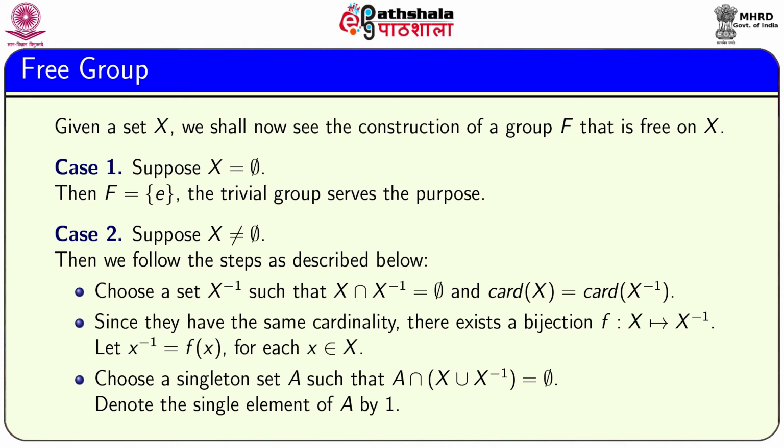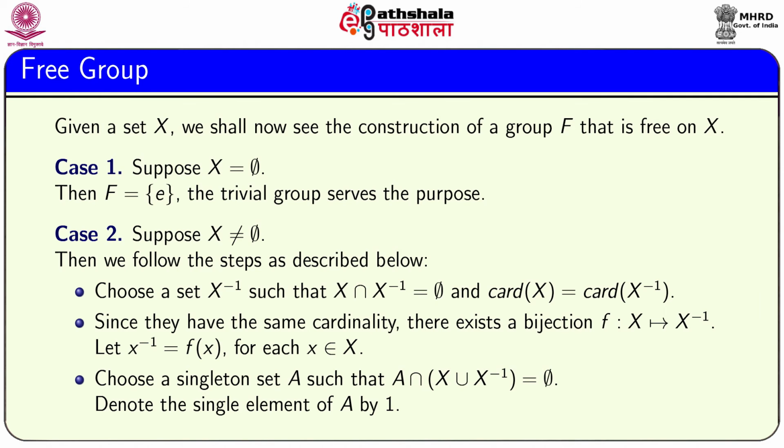We denote by X inverse a set which is disjoint from the given set X, and the cardinality of the set X inverse is equal to the cardinality of the set X. Since they have the same cardinality, there exists a bijection f from X to X inverse, and we write the image of any point x belonging to X by f(x), and we denote that point f(x) by the notation x inverse.